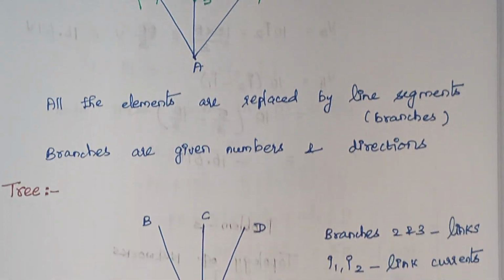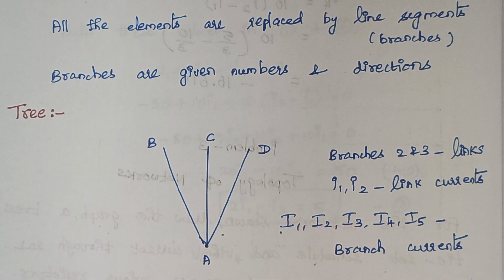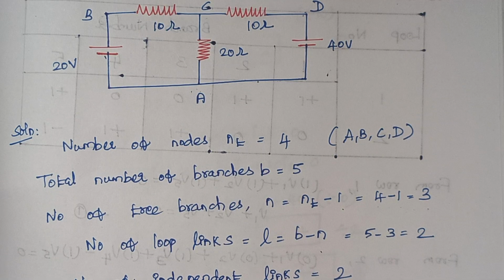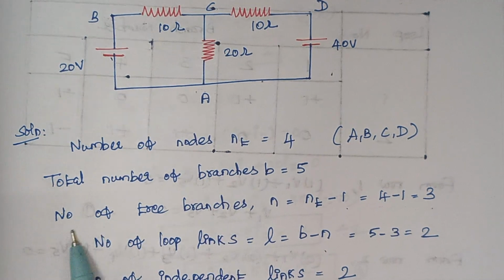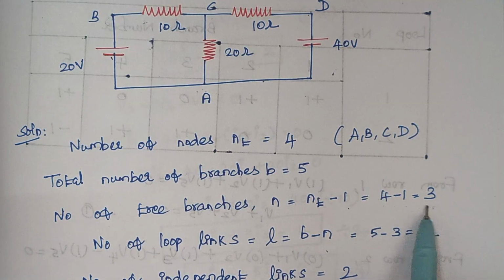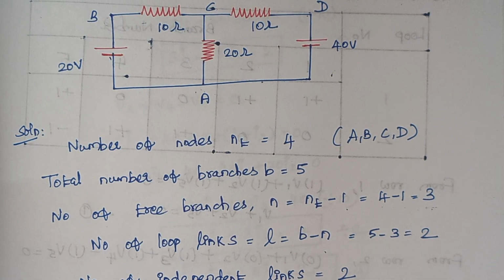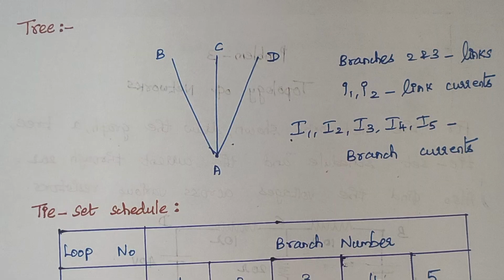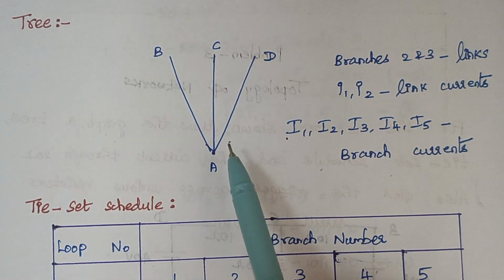Now the next thing is we are going to draw the tree. So how to draw the tree? Initially we found, by using the formula, that the number of tree branches is 3. So we should draw the tree in such a way that it has only 3 branches. So here the tree is drawn like this, totally 3 branches.